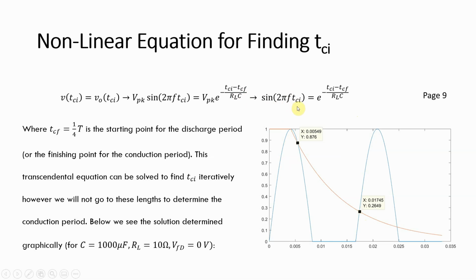So we have everything except the initial conduction time or angle. On the right hand side, again we have R, we have C, and T_CF is T over 4. So this is one equation, and the only unknown is the initial conduction time.